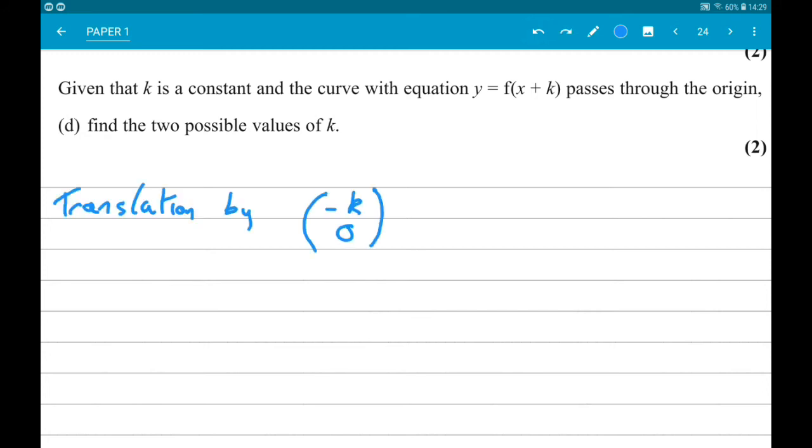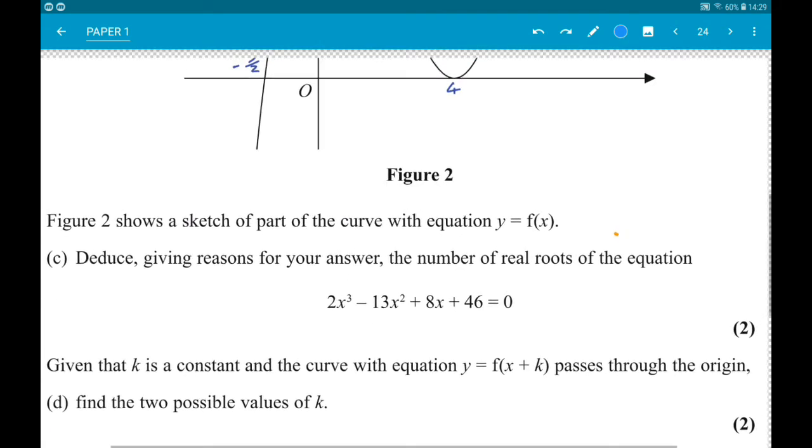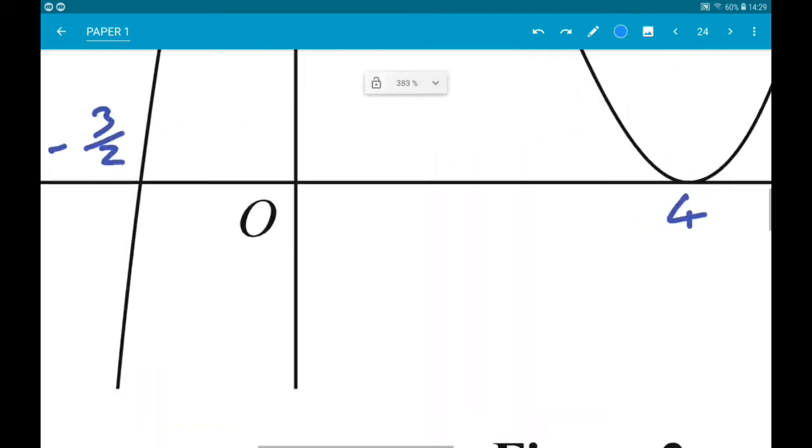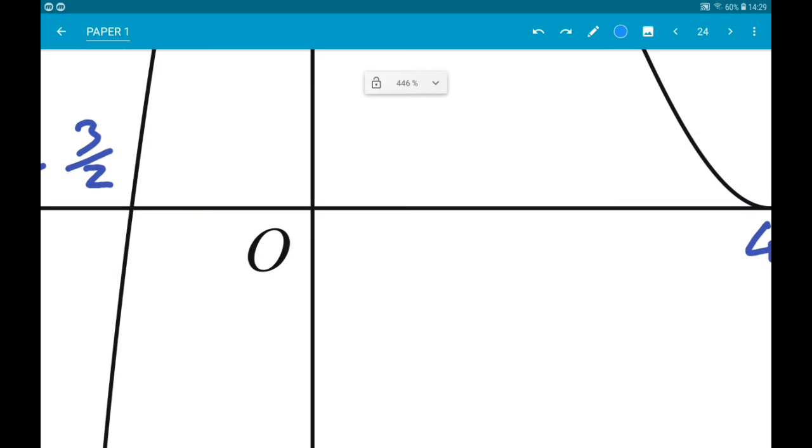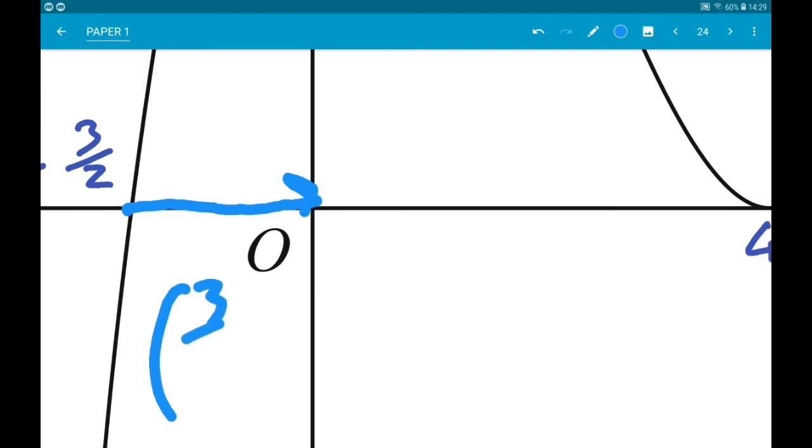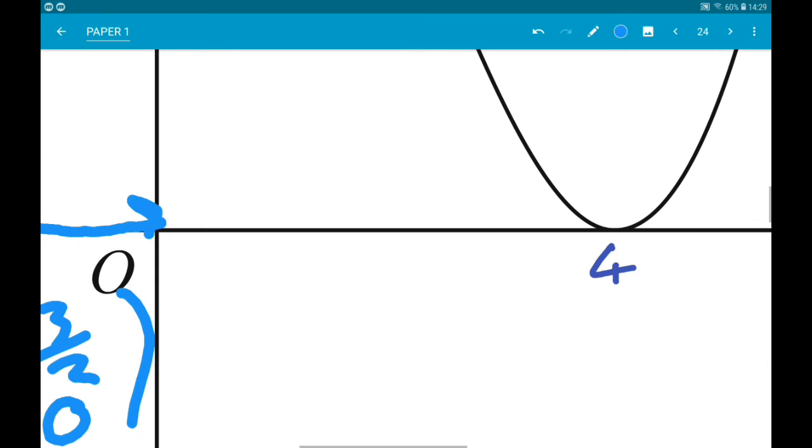So, looking at the graph, we either need to go 3/2 to the right, so that would be 3/2, 0, or we need to go 4 to the left, so that would be minus 4, 0.